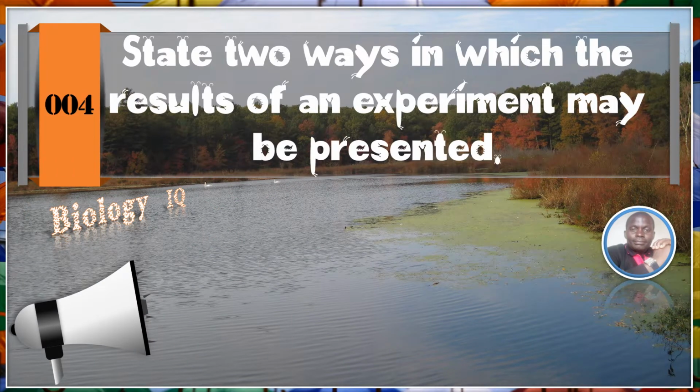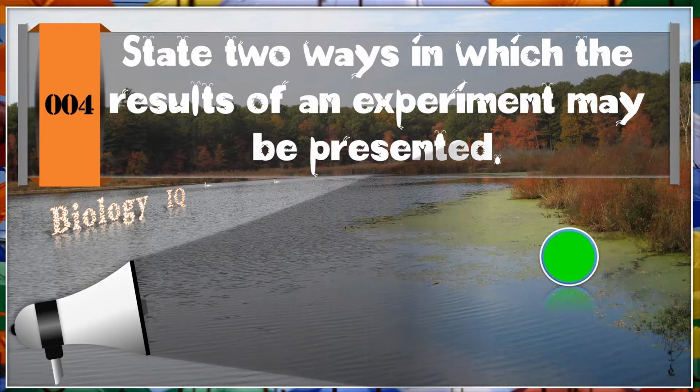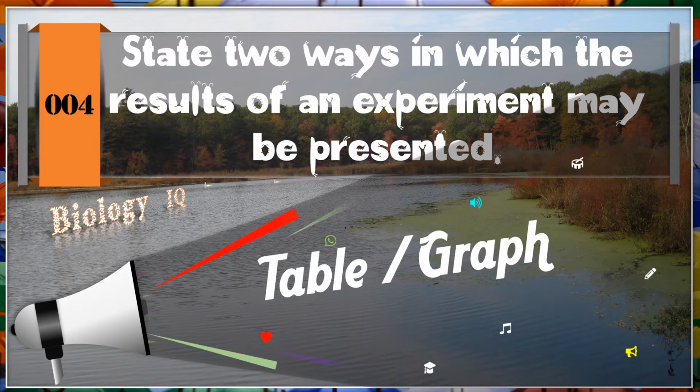State two ways in which the results of an experiment may be presented. A table or a graph.